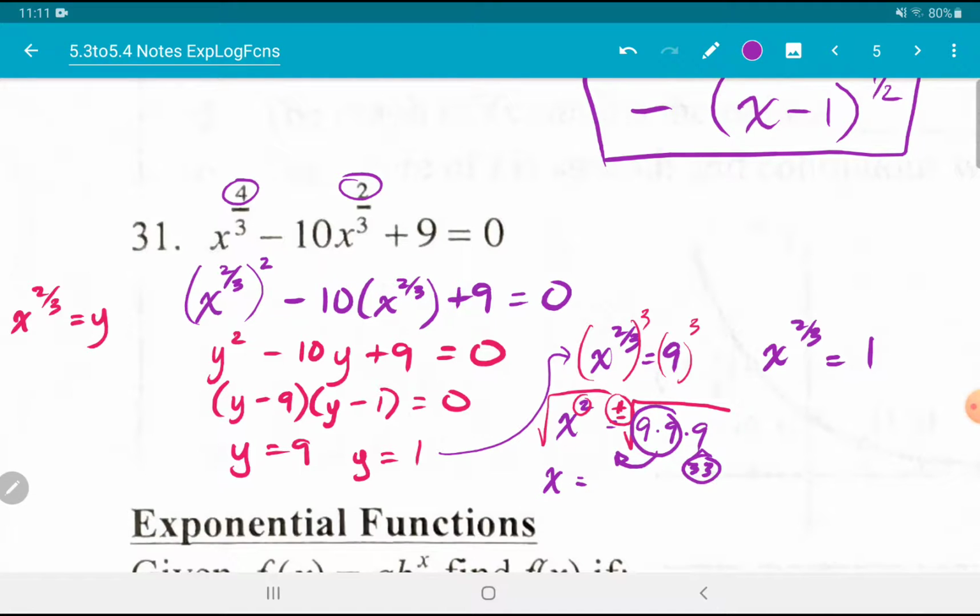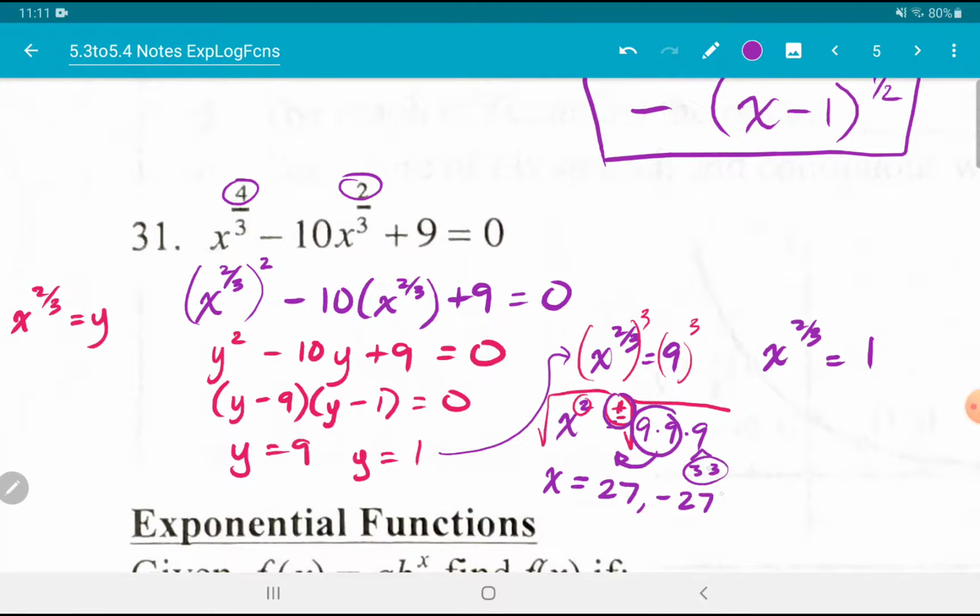That's 9 times 3. 9 times 3 is going to give us 27, and don't forget it has a plus minus. So x equals plus minus 27. 2 answers there. Actually, I think I will rewrite it so that way you are very clear that you have 2 answers, 27 and negative 27.